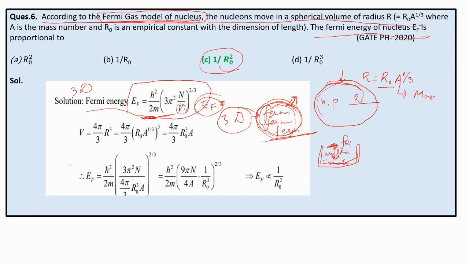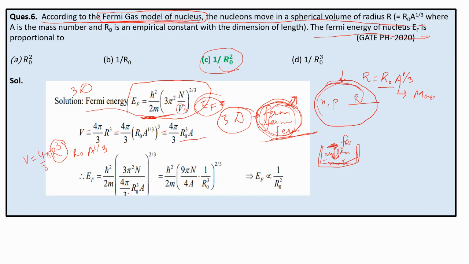This is V, volume, and the volume for a sphere is 4 upon 3 pi r cube, right? And this r is equal to r naught a to the power 1 by 3. Put this in the formula, you will get 4 pi by 3 r naught cube a.